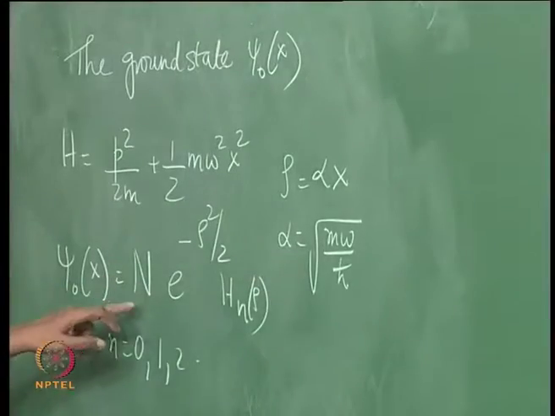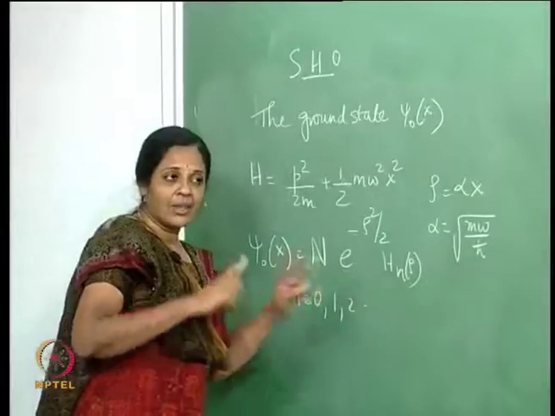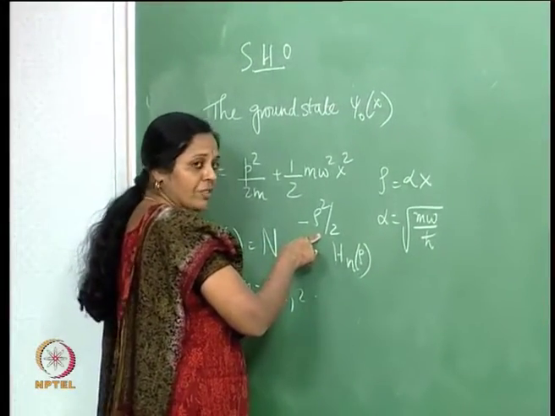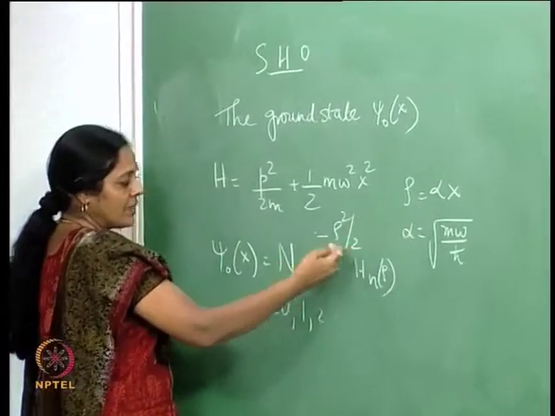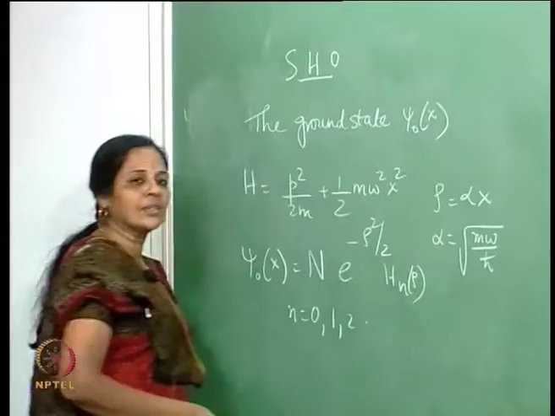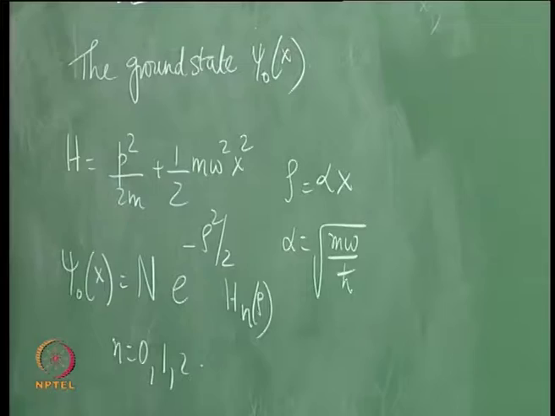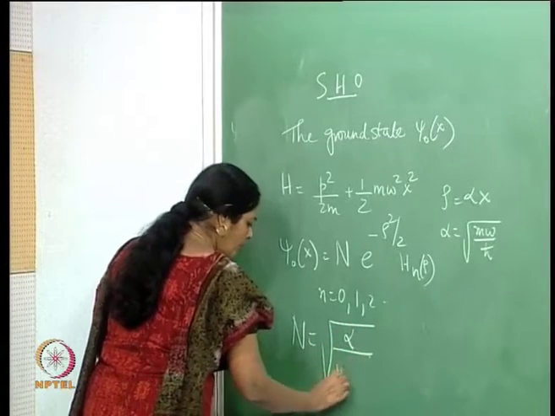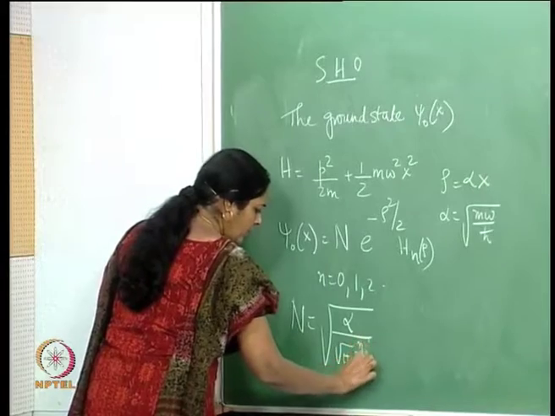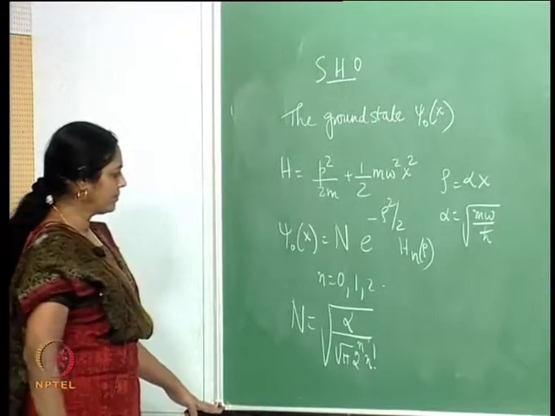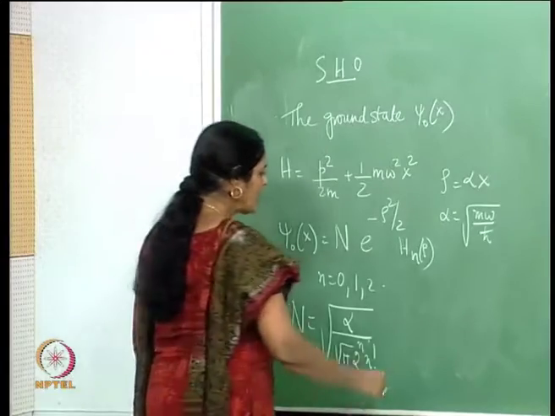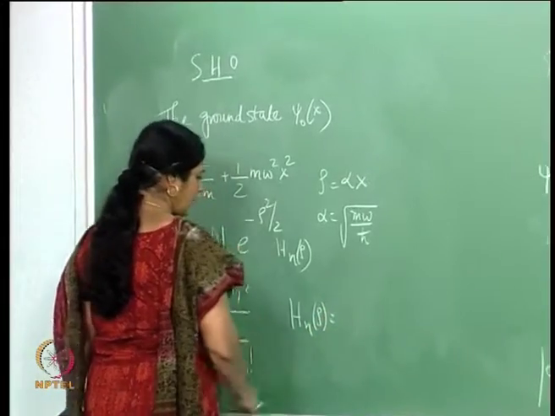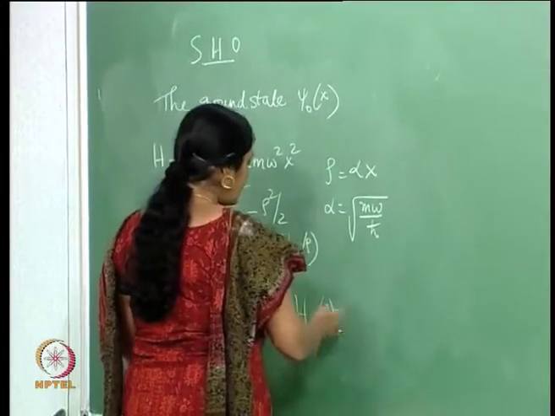So, this was a normalization. This came by looking at what happens when x goes to infinity, or rho goes to infinity, the asymptotic form, and the H n of rho are the Hermite polynomials. This normalization N itself is root of alpha by root pi 2 to the n factorial, and H n of rho is the Hermite polynomial.